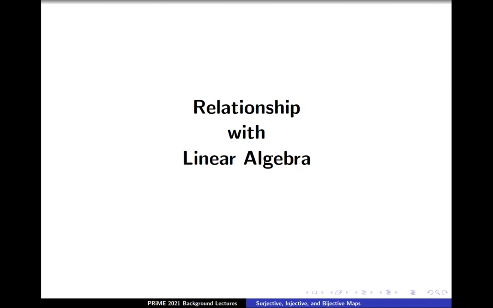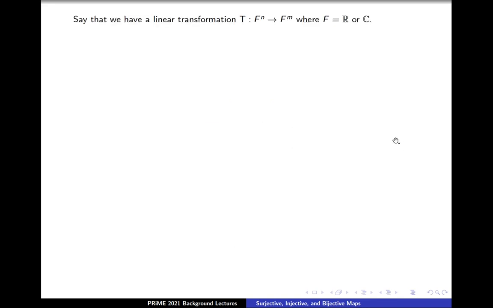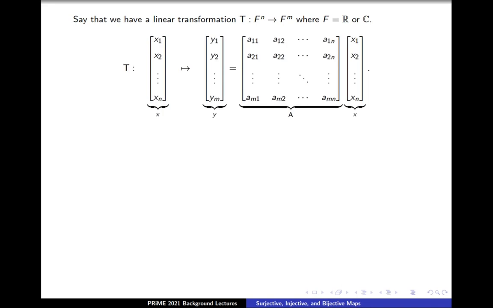Next, we'll explain the relationship of the concepts that we've seen already to concepts from linear algebra, for those who are familiar with linear algebra. Suppose we have a linear transformation T from F^n to F^m, where F is either the real numbers or the complex numbers. So T sends a vector x written as x1, x2, up to xn.